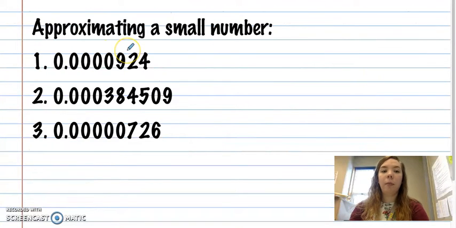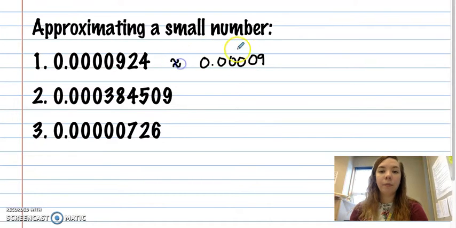So for a small number, we'll do the same thing. We want to round to 1 digit, which is this first one we encounter. The next number is a 2, so it's going to round down. So I would write it like so. You want to make sure you have the same number of zeros as you did before.